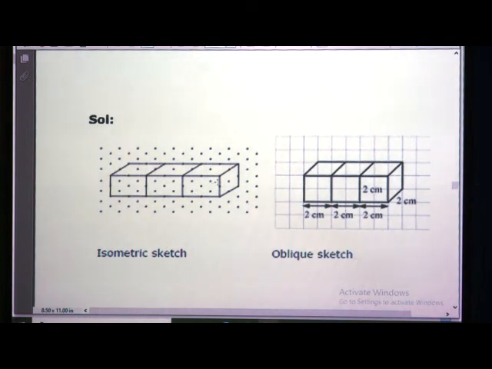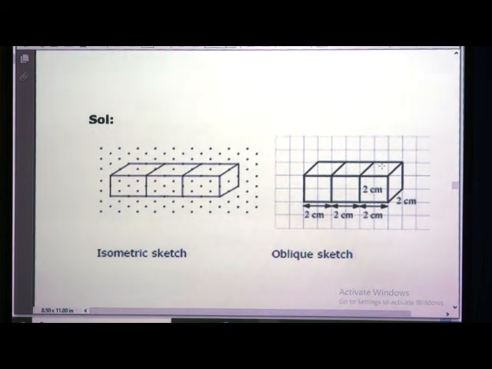Here we have drawn considering the dots as centimeters. Here we have a square grid, and we have tried to form a small cuboid on an isometric and oblique sketch, that is 2 centimeter and 2 centimeter.